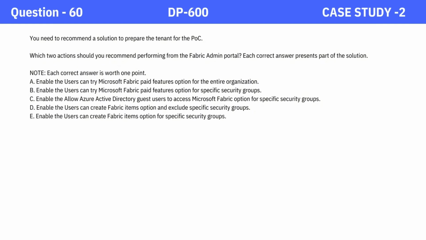C. Enable the Allow Azure Active Directory guest users to access Microsoft Fabric option for specific security groups. D. Enable the users can create Fabric items option and exclude specific security groups. E. Enable the users can create Fabric items option for specific security groups. Pause the video, think about the answer, and let's discuss.